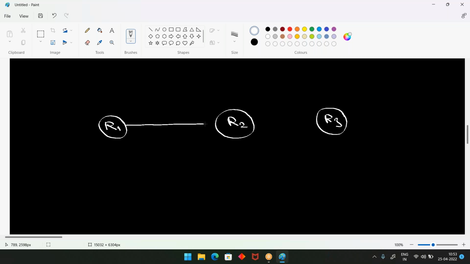Now check this here. R1 router, R2 router, R3. These three devices are connected like this. Suppose in R1 we have 10 networks, and R3 also has 10 networks. In R1 I can configure OSPF and place this interface into area 1.